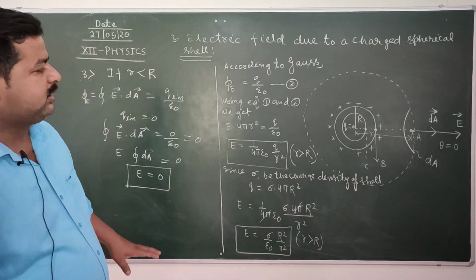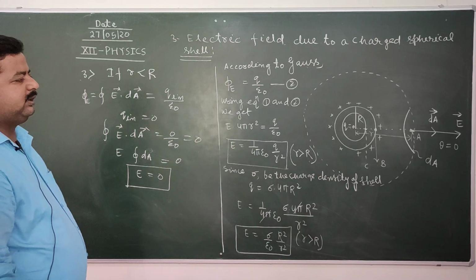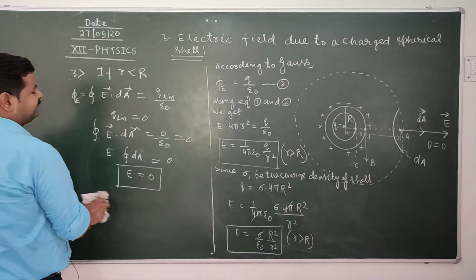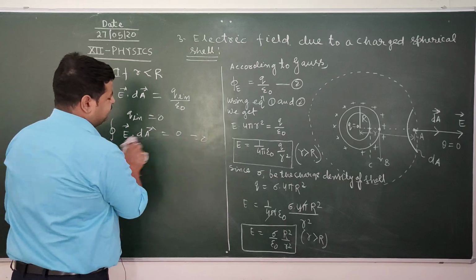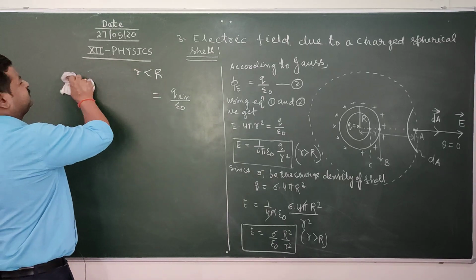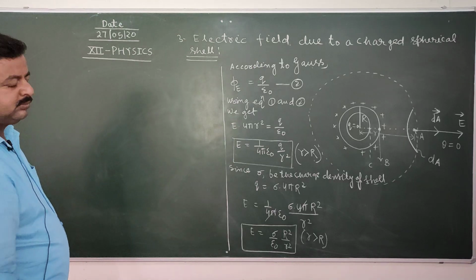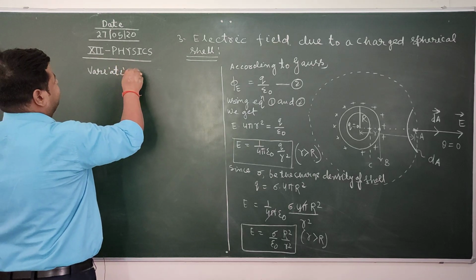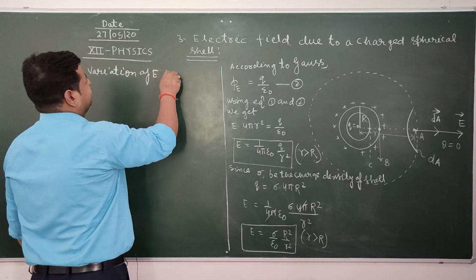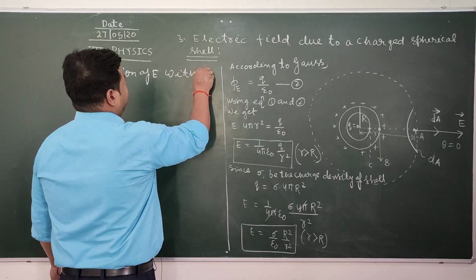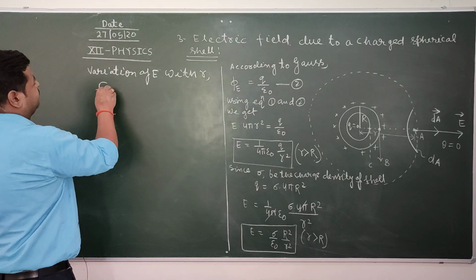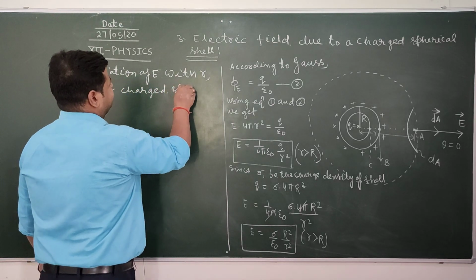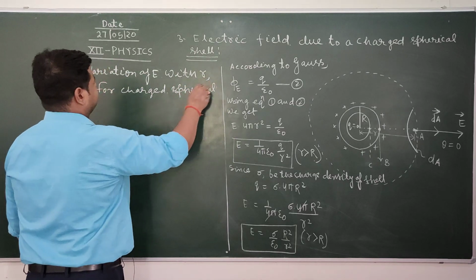Last topic, the graph between the electric field and the radius, meaning the distance from the center of the spherical cell. So the variation of E with small r for a charged spherical cell.